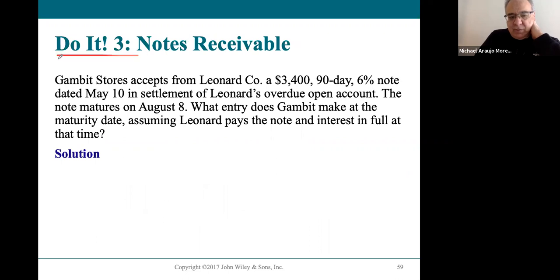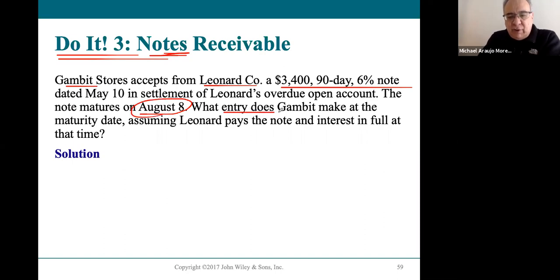And so Do It Exercise 3 is really just about notes. Okay, so take note of objective 3. So here we have Gambit Stores accepts from Leonard a $3,400 90-day 6% note in settlement of their overdue account. The maturity date is August the 8th.